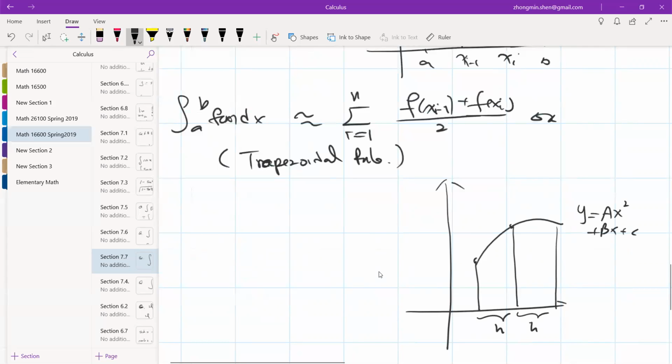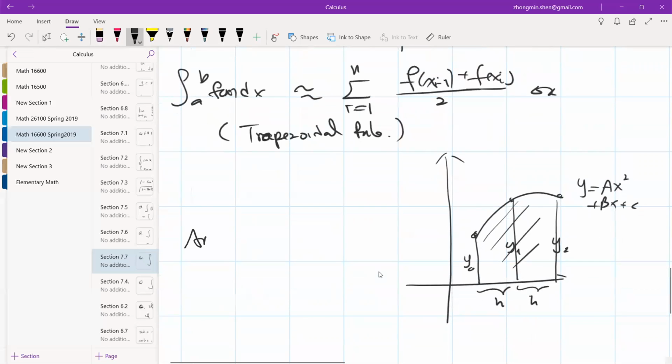it's passing through these 3 points, right? If the heights here are y0, y1, y2, then the area of that region you can calculate. The area of that region is going to be 1/3 h times (y0 plus 4y1 plus y2).